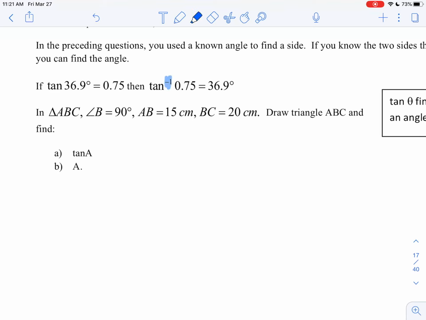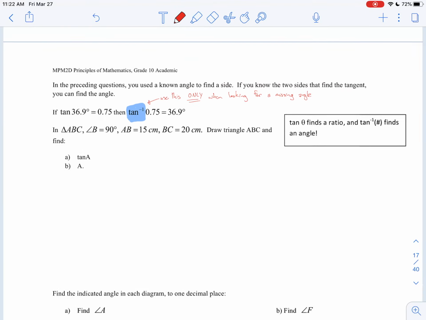So this inverse, we don't hit to the exponent -1. It's actually a brand new button on our calculator we're going to use. And we use this only, can you put a star beside that? Use this only when looking for a missing angle.